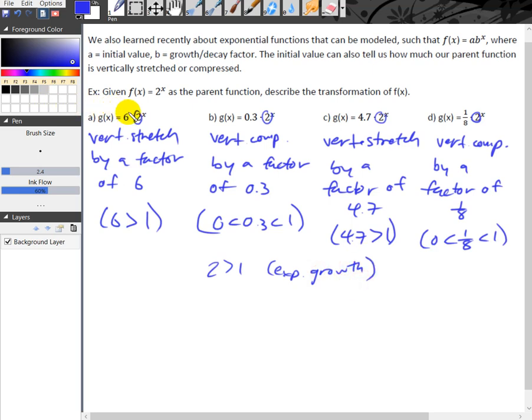If the number on the inside is greater than 1, it's growth, but if it's between 0 and 1, that represents exponential decay. That's where I see some of you might get a little confused, but generally the number on the outside just tells us how much the graph is stretched or compressed, not whether it's growth or decay. All right, that's basically what I wanted to describe for those problems.